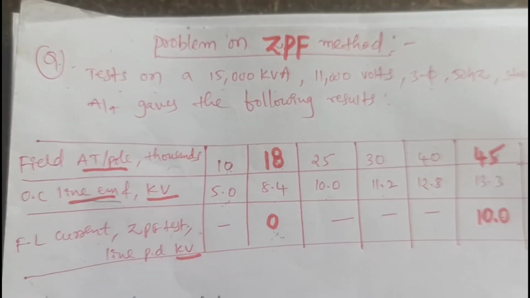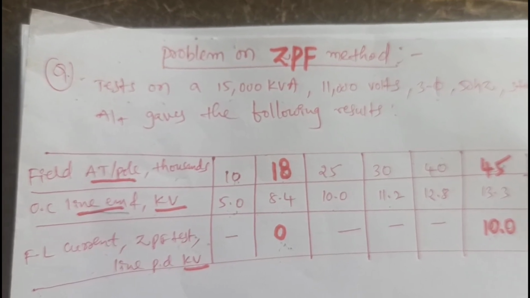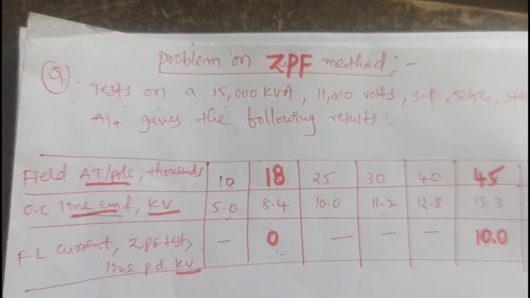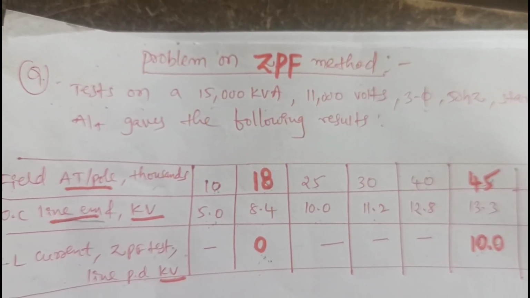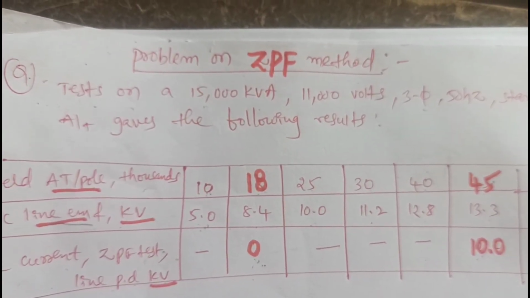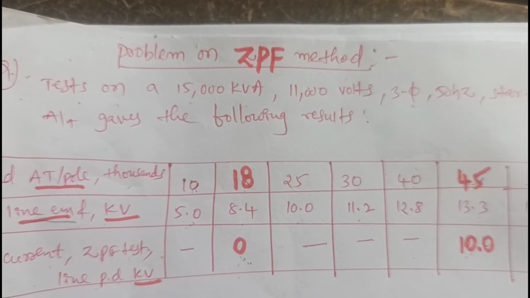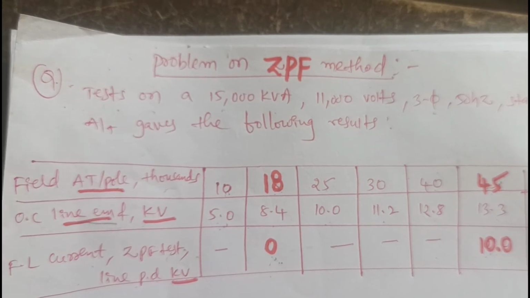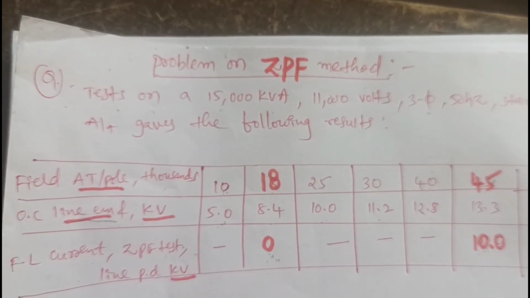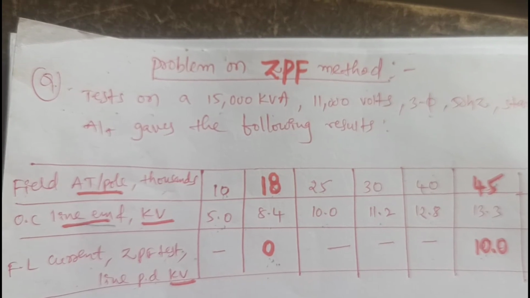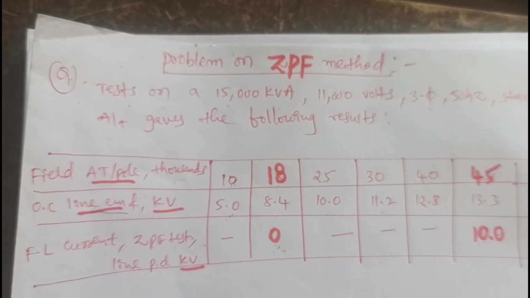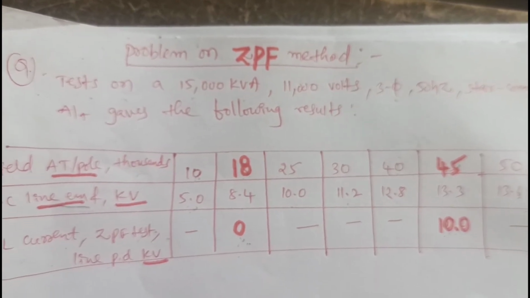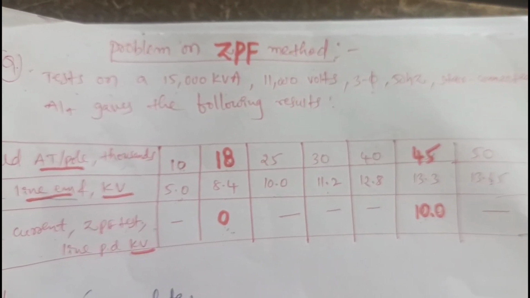So this is the problem actually. Here in this problem, we have to find the regulation by using the ZPF method. From the given data, power is 15,000 kVA and voltage is 11,000 volts. Next, simply draw the OCC characteristics, and next draw the ZPF characteristics, ampere turns per pole versus ZPF line.